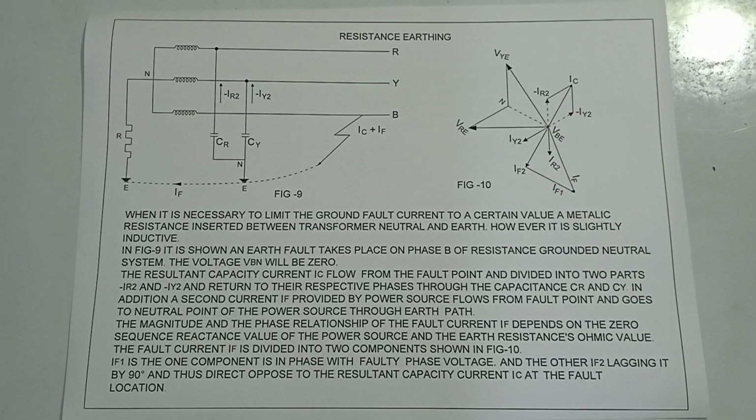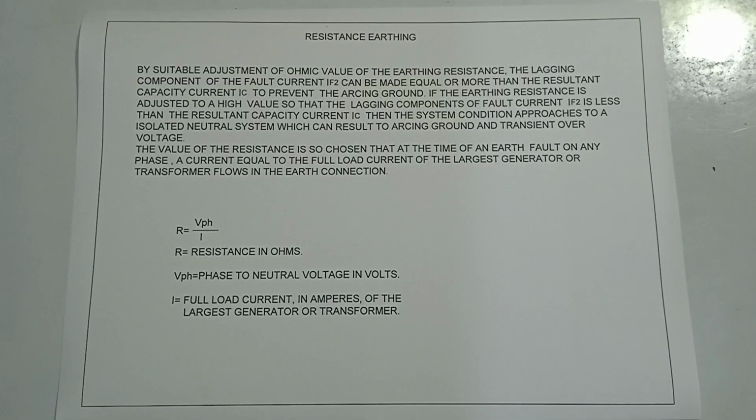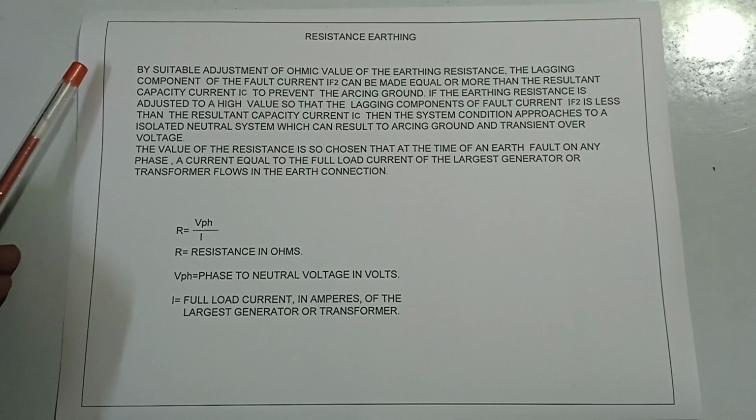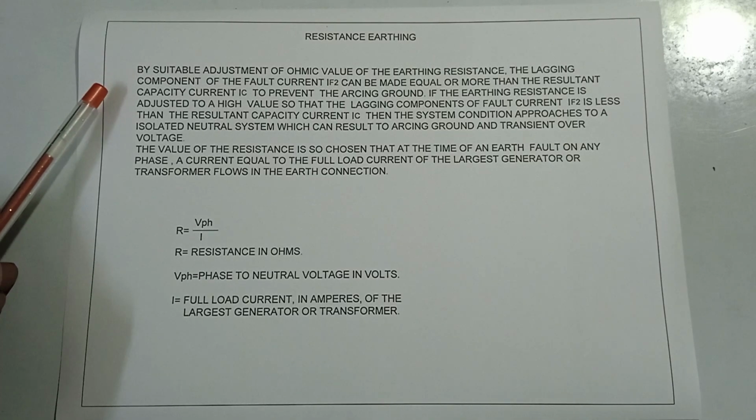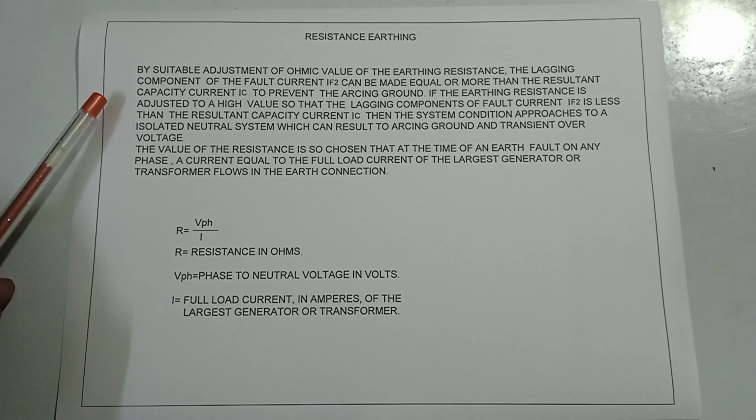Okay, next. Resistance earthing is continued. By suitable adjustment of the ohmic value of the earthing resistance, the lagging component of the fault current IF2 can be made equal to or more than the resultant capacitive current IC to prevent the arcing ground.